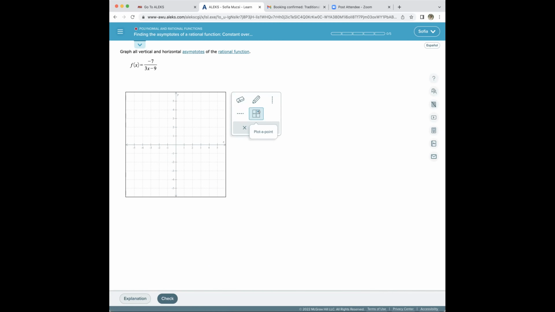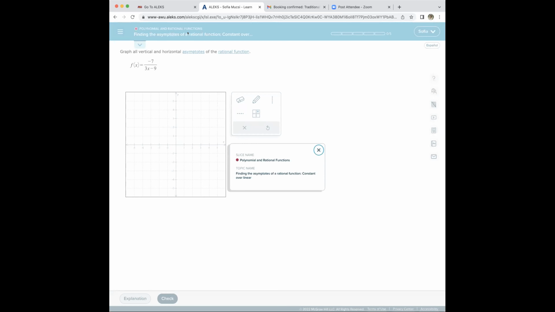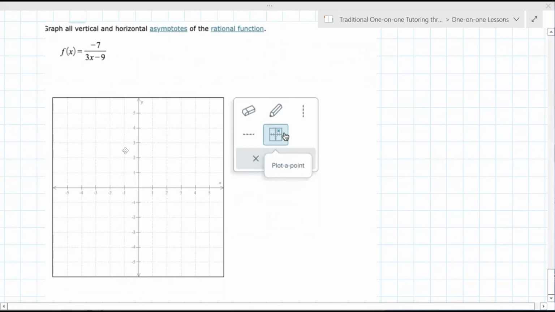All right, so this one, a little bit more to do. It says graph all vertical and horizontal asymptotes of the rational function. So the vertical ones come from when you set the denominator equal to 0.